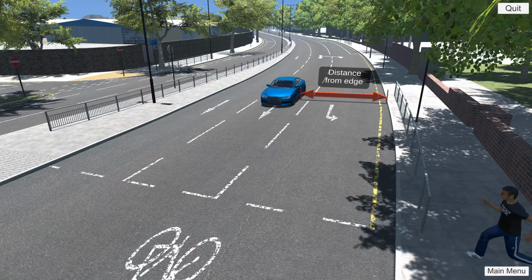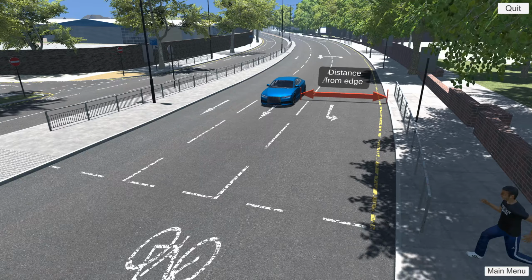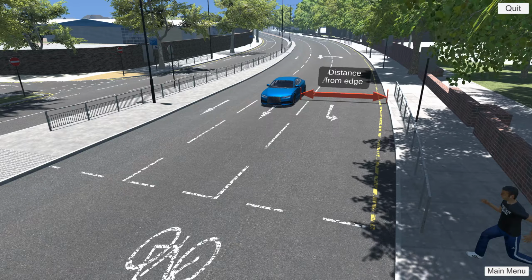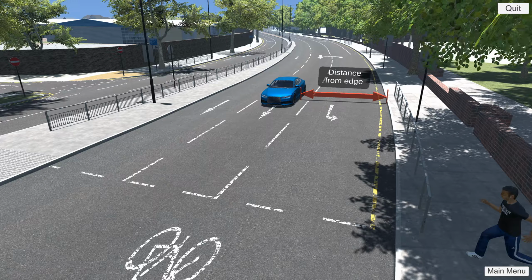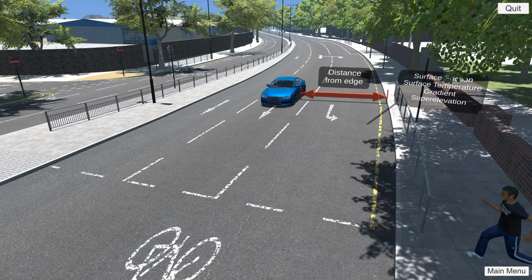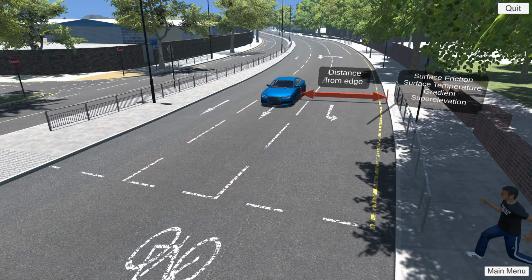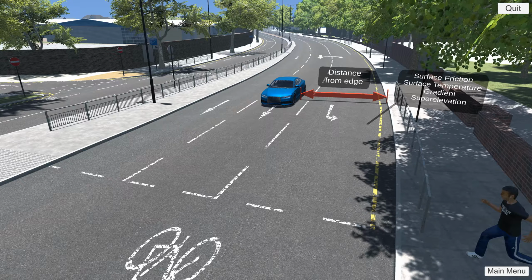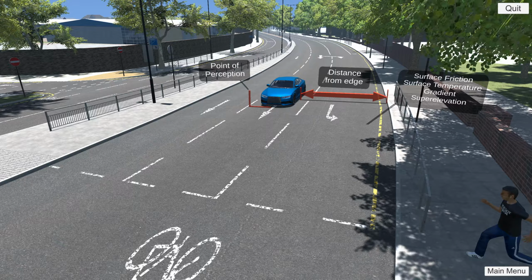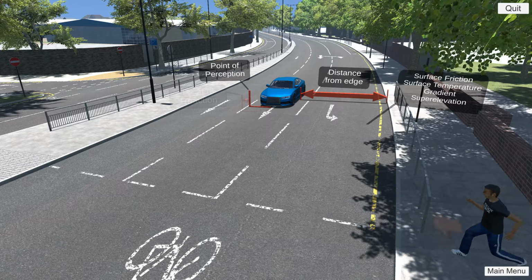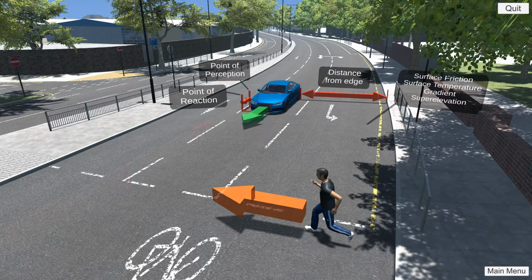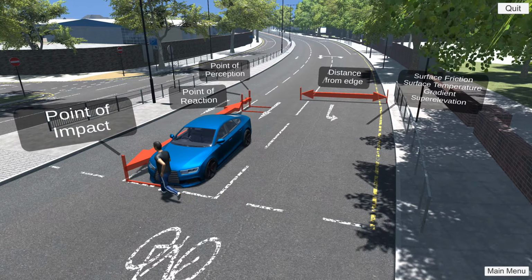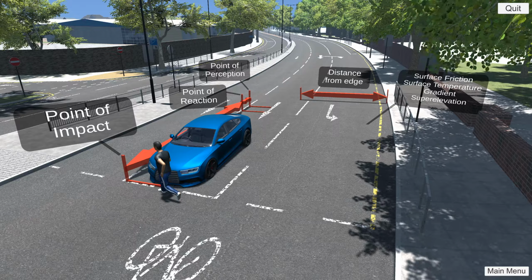For example, we know the position of the vehicle much more accurately, with information such as distance from the edge of the carriageway, or positioning at different phases of the incident. We know much more about the infrastructure, for example, things like surface friction, temperature gradient, superelevation, and much more. We know the point of perception according to the phases. We know the point of reaction, and we even know the point of impact in this database, which helps us reconstruct this in a much more accurate way.